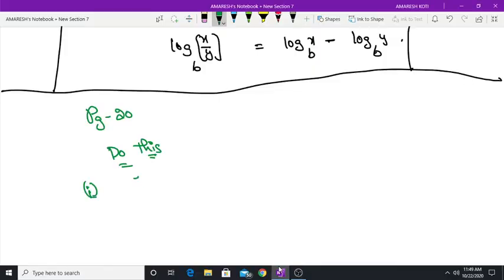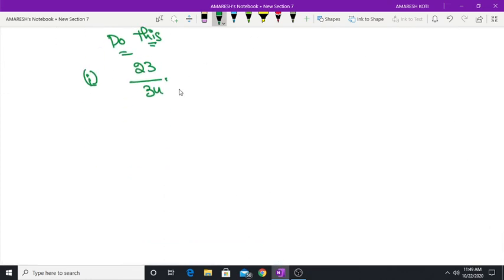First sum is 23 by 34. So changing into the logarithm form, we get log 23 by 34. It can be written as per formula log 23 minus log 34. If there is a multiplication, we have to add it. If it is division, then we need to subtract it. That's all. Sum is completed.